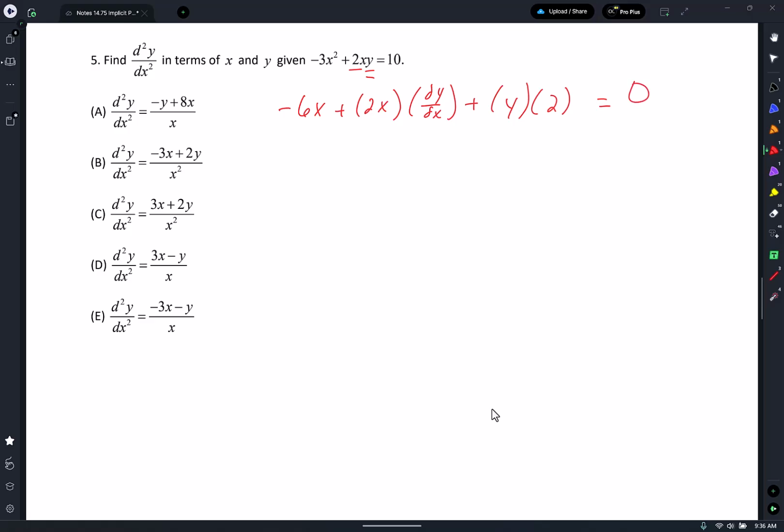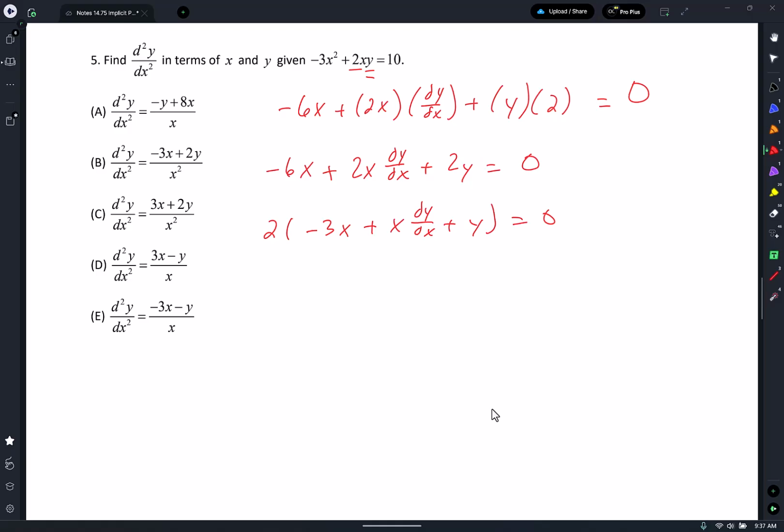Let's make it pretty. Negative 6x plus 2x dy dx plus 2y equals 0. Notice we're calm. We're going slow. We're not rushing. Let's do what Houston says. Let's factor out a 2. Negative 3x plus x dy dx plus y equals 0.